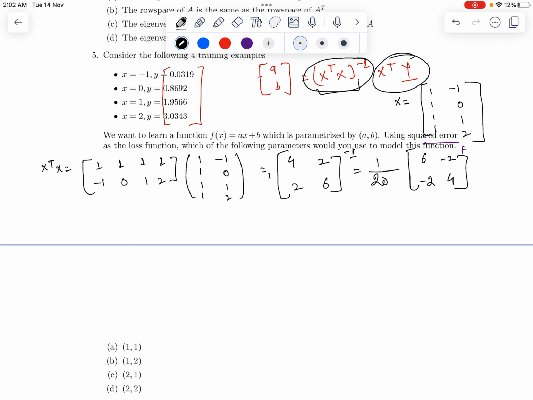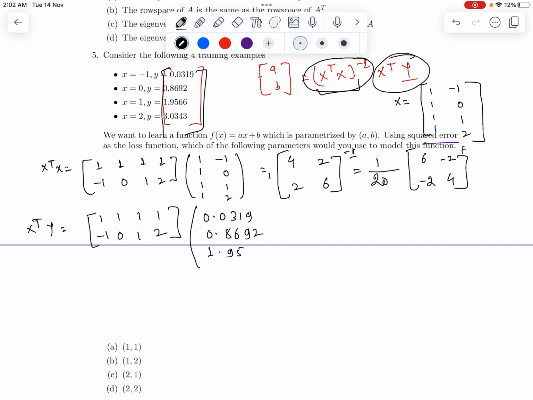Now let's calculate X transpose y. Your X transpose is this one, and the y vector is this one: 0.0319, 0.8692, 1.9566, 3.0343. Okay, so let's calculate. You can use the calculator.